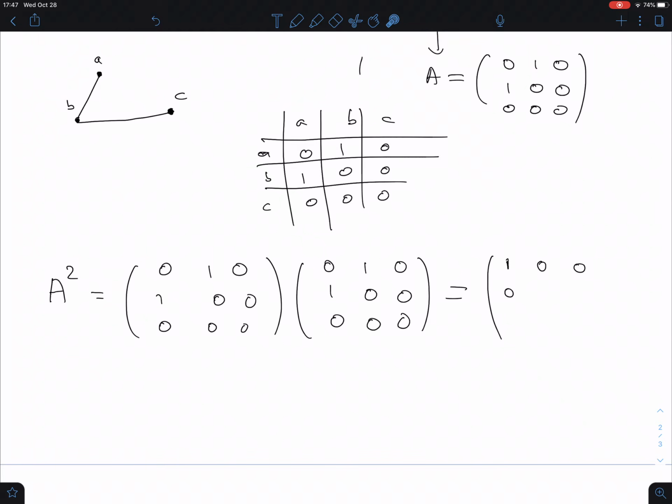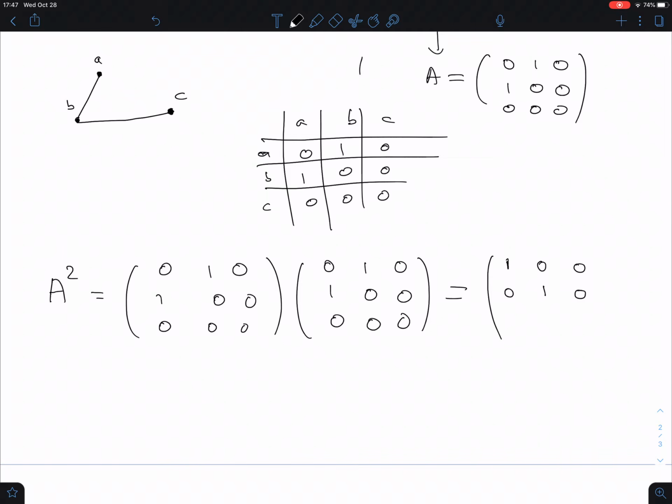Something else happens here. This element is in the second row, second column, so we need the second row in the first matrix and the second column in the second matrix. The order in which you multiply matrices is important, because the first matrix uses the row and the second matrix uses the column. So second row, second column, and multiplying them, the first two multiply to 1 and the next two multiply to 0, but if you add it all up you get a 1.